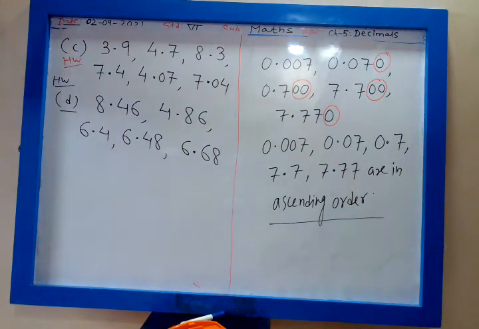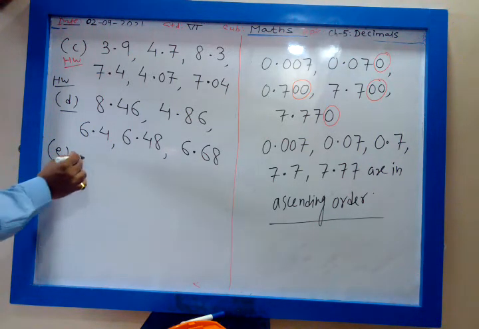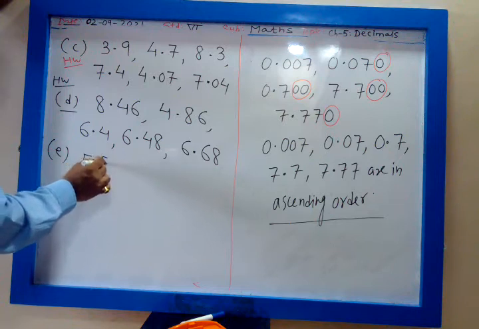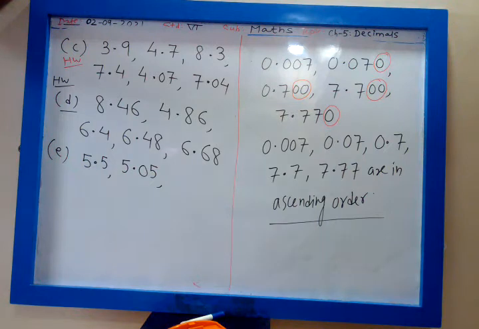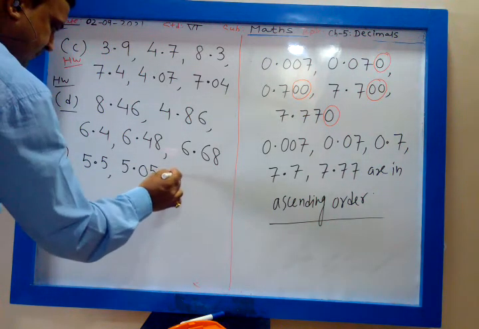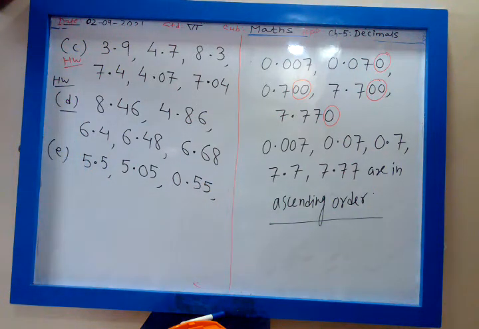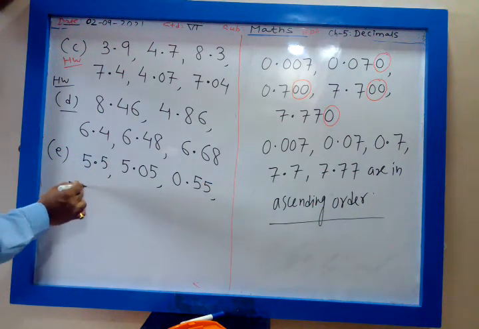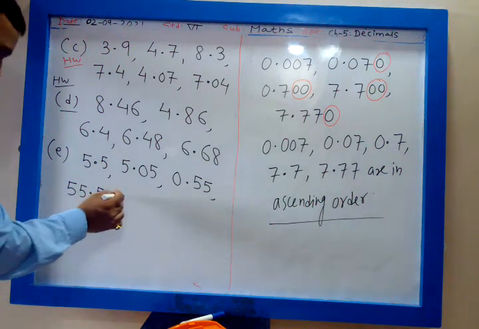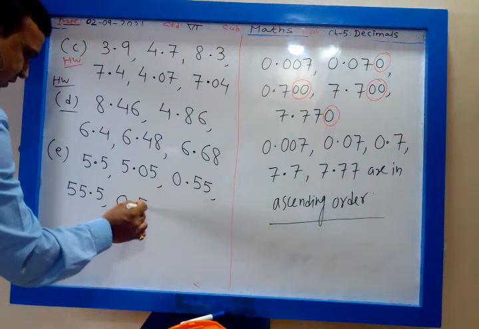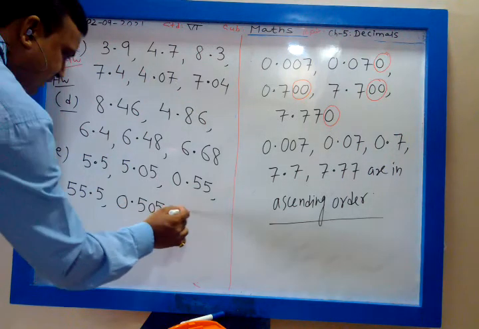Now let me do the E part. 5.5, 5.05, then 0.55, then 55.5, 0.505, and 50.5.